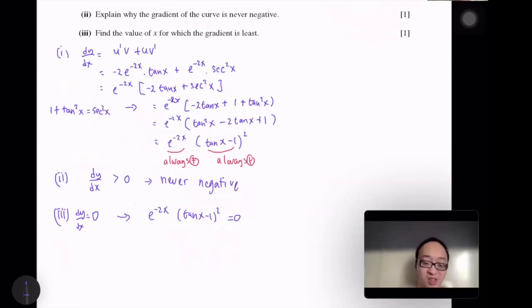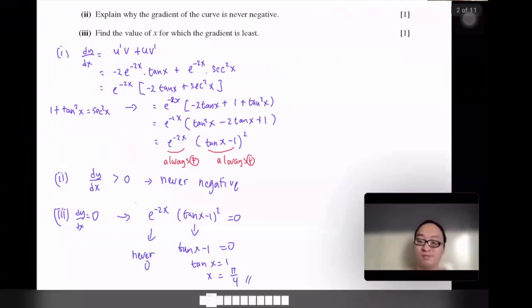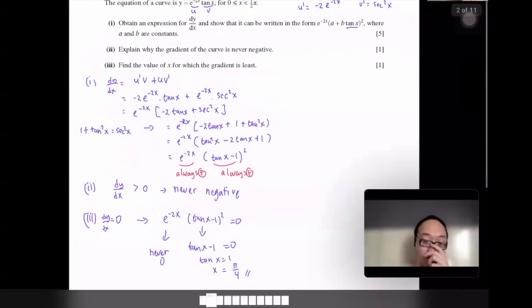Since the exponential cannot be 0, the zero comes from tangent x minus 1. So tangent x equals 1, and x equals the inverse tangent of 1, which is pi over 4. Yeah, so this is the answer. The exponential is never 0. Okay, that's for number 2.